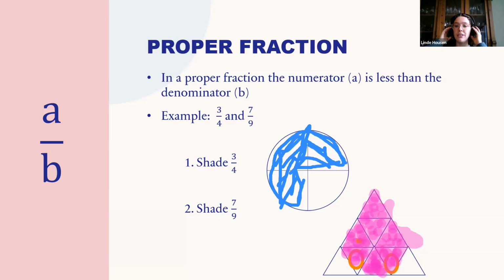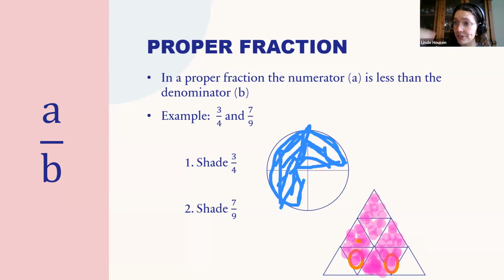So that's very well. So I hope you all have an image of how something can be shaded and what it looks like. So in a proper fraction, we will always have a figure, but it won't be completely shaded since the numerator is smaller than the denominator. So in our example, we know we need 3 pieces out of 4, so 1 piece will be left over.